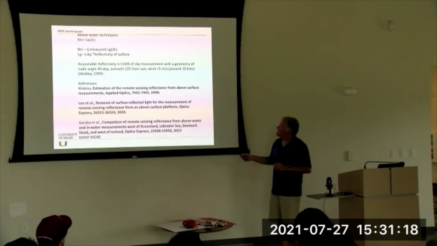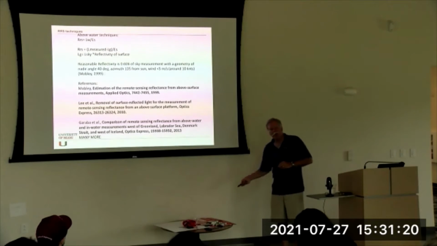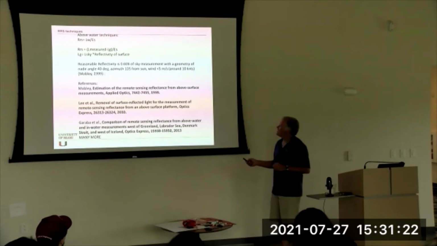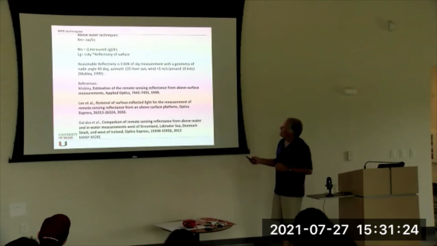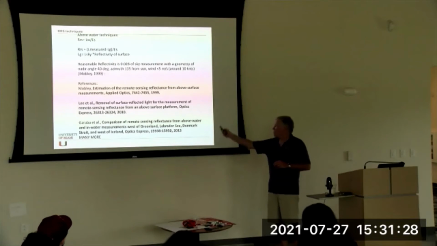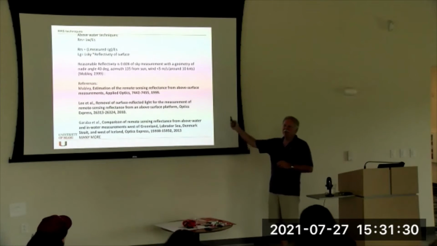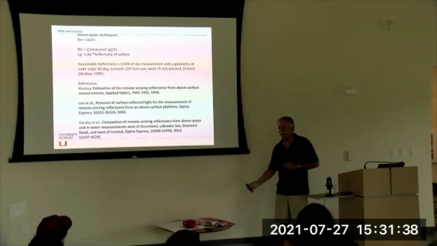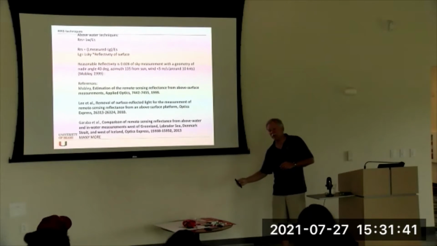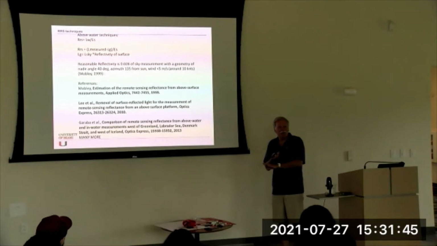You make two measurements. You make the measurement looking down at the surface, which we call LT, L total. And then you point the radiometer at the complementary angle looking up at the sky. What that is measuring is the sky radiance that's come down, hit the surface, and some portion of it reflects up into your measurement.